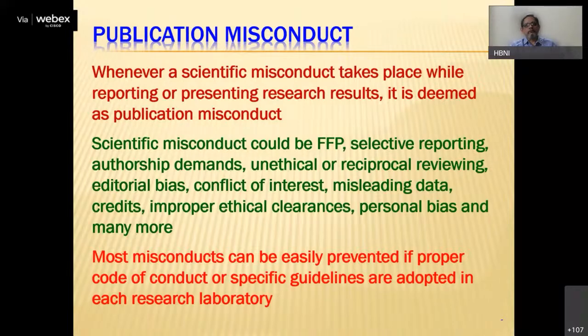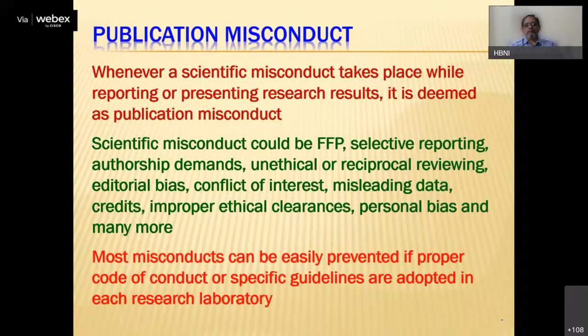In fact, it is noticed that most of these misconducts can be prevented if a proper code of conduct or proper guidelines are adopted by all institutions and research laboratories well in advance.